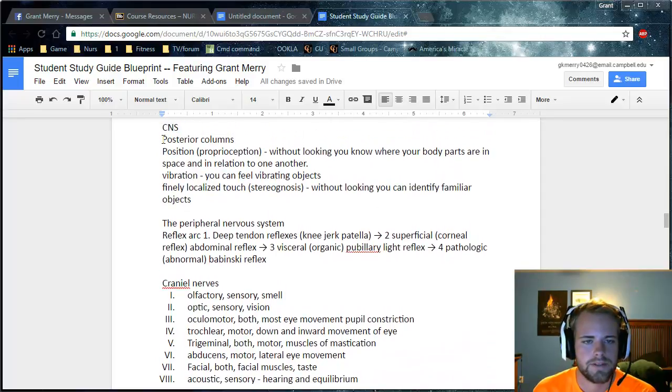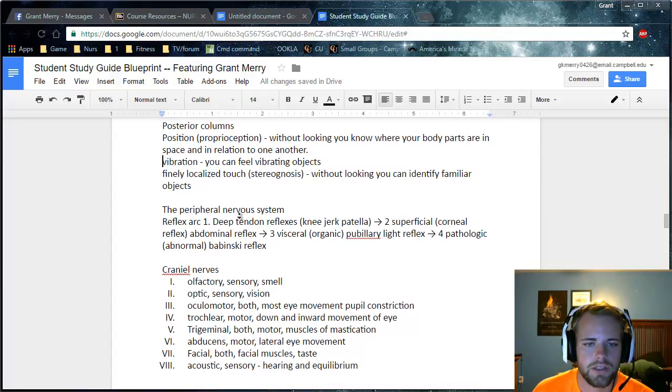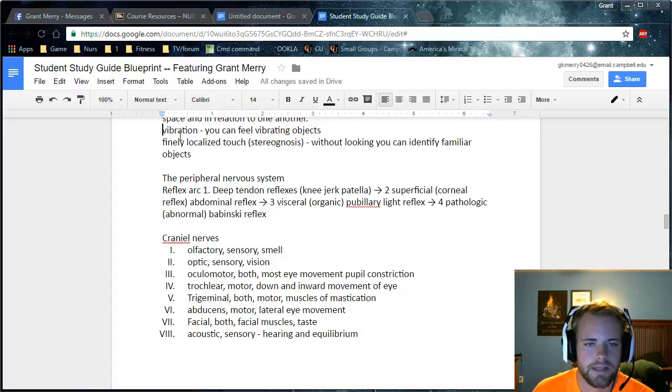The central nervous system also has posterior columns for proprioception. Without looking, you know where your body parts are in space in relation to one another.